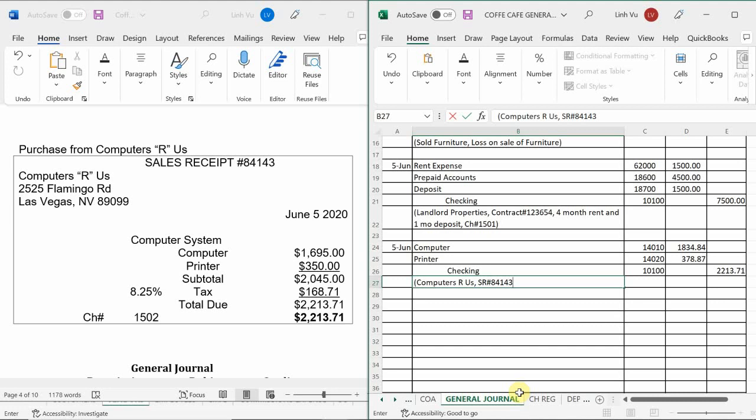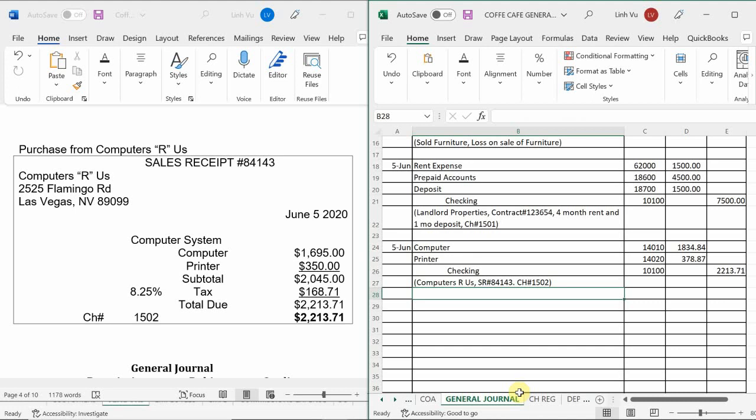Okay? Do you need to identify that you bought a computer and printer? No. You're already saying that you bought a computer and printer. So in this case, you don't need to write anything more, except you need to confirm that you made a payment, which is proof by saying I purchased using check number 1502. Okay? So now we are officially completely done with this journal. I wrote my check already.